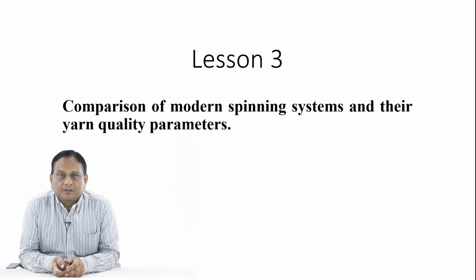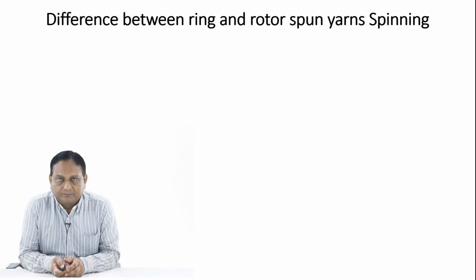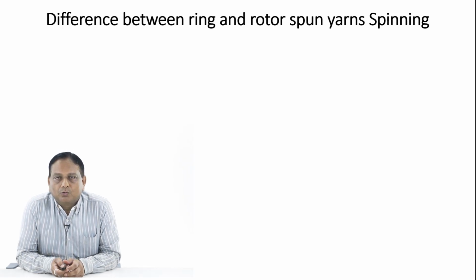In lesson 3 we will see the different types of spinning systems which we have already discussed, that is, rotor spun, friction spun, twistless spinning, etc. So we will try to compare these modern spinning systems, and also we will see the yarn quality parameters. Let us start with the difference between ring and rotor spun yarn.